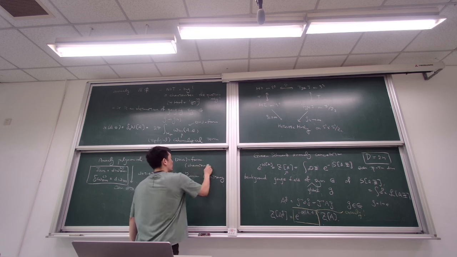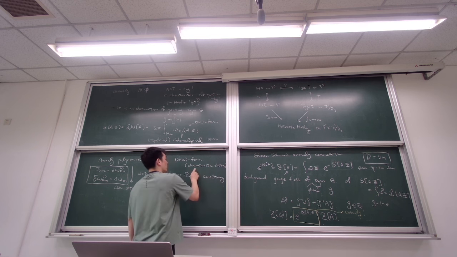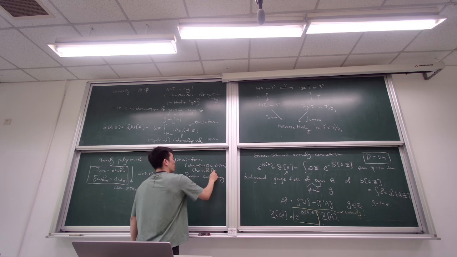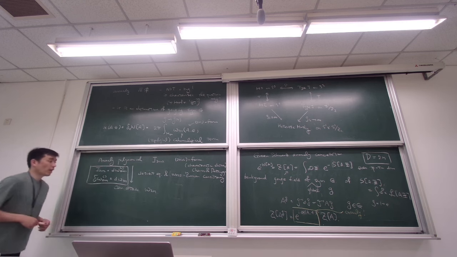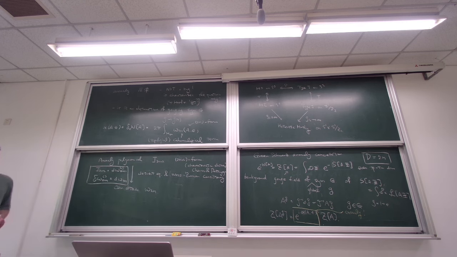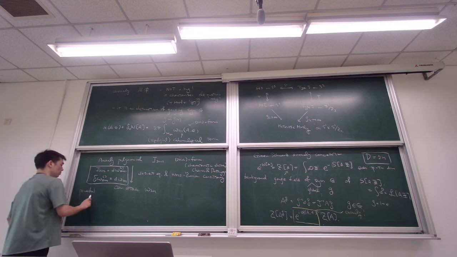Essentially, this is written by the Chern form and also the Pontryagin form class. So today I'm going to talk about this machinery. This is a very powerful machinery.